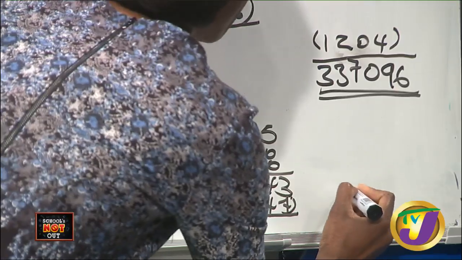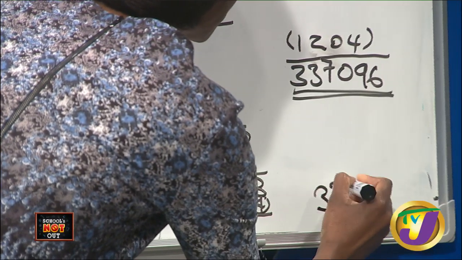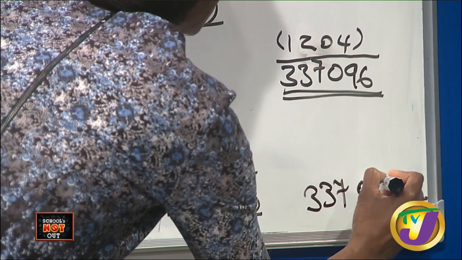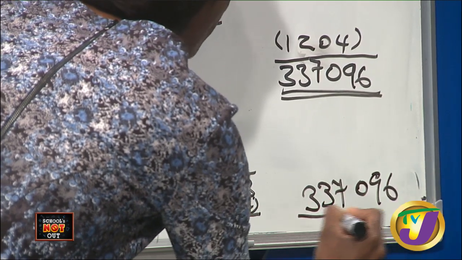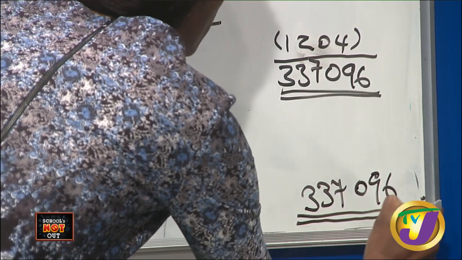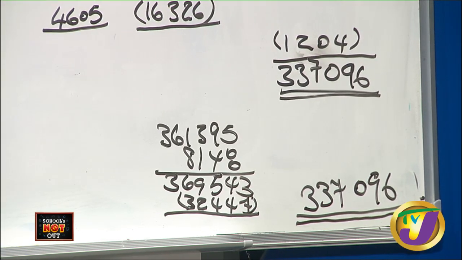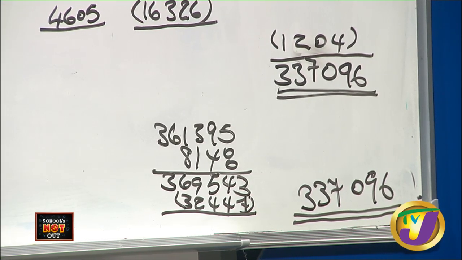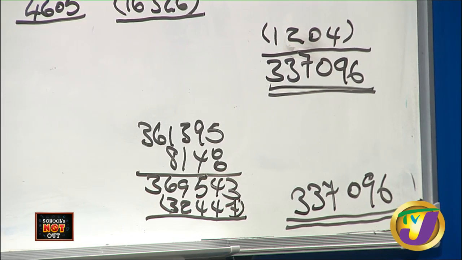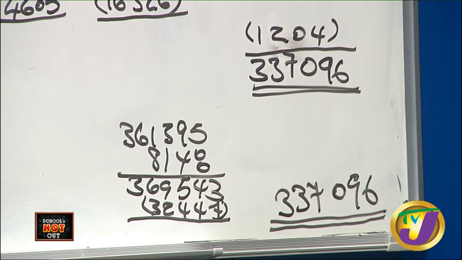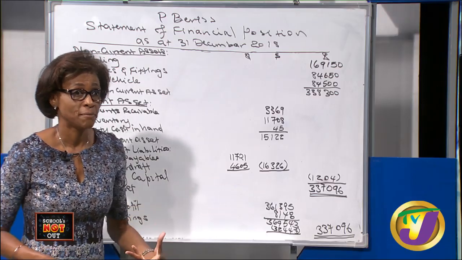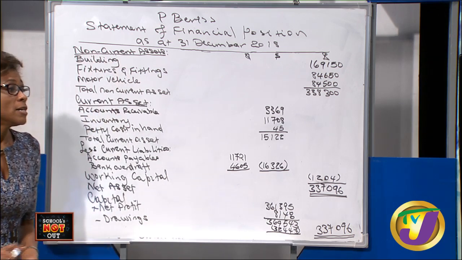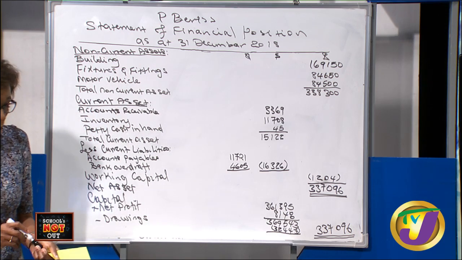I'm going to take away this from our capital plus net profit. We are left with $337,096. So student, right there, you can see that our statement of financial position, our balance sheet, balances. Our asset matches against our investment and the activity for the period.